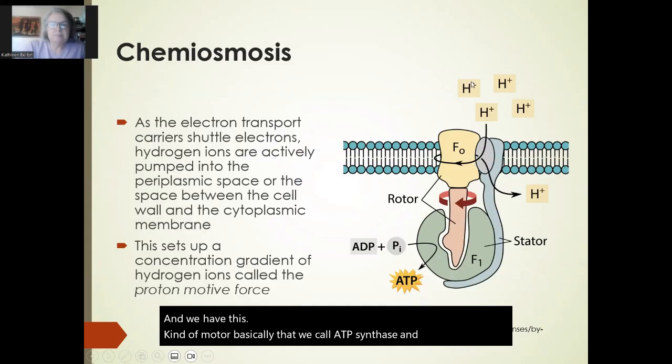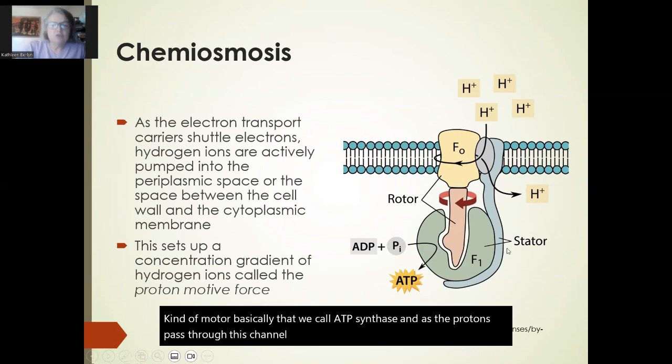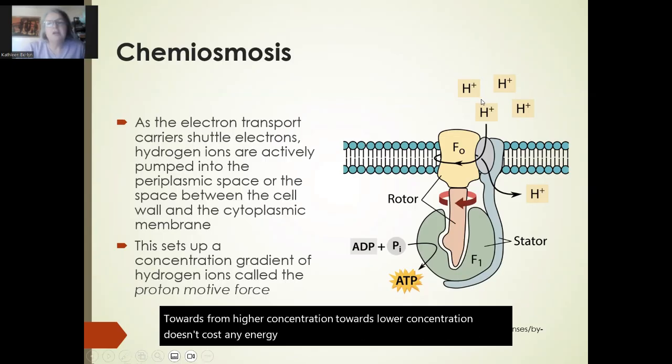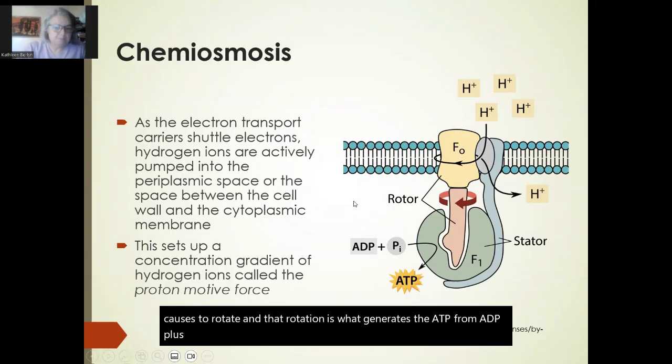And as the protons pass through this channel from higher concentration towards lower concentration, it doesn't cost any energy to move that way. As 3 of them pass through, it creates enough energy to turn the rotor and cause this to rotate. And that rotation is what generates the ATP from ADP plus Pi.